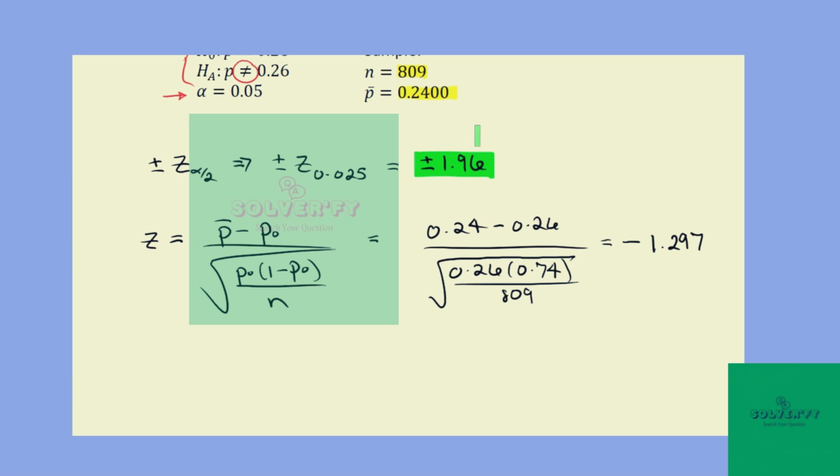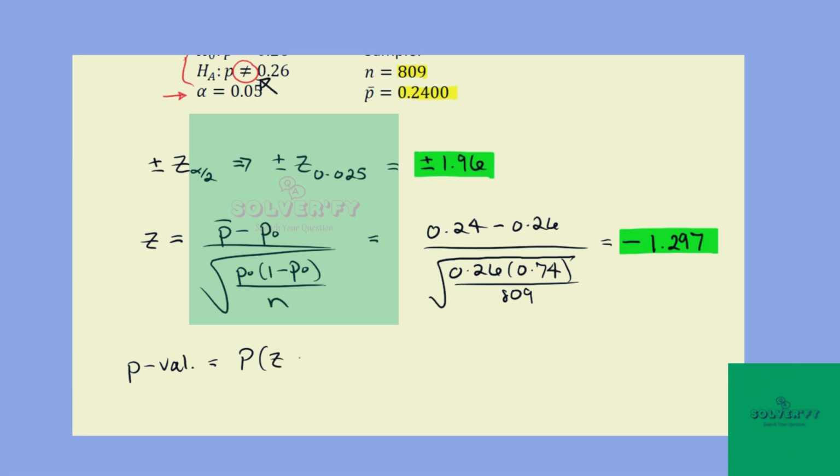And the third question is for the p-value. Now again, since this is a two-tailed test, this tells us that the p-value is equal to the probability of having gotten a test statistic at least as extreme as the one that we got, in either the negative or positive directions.